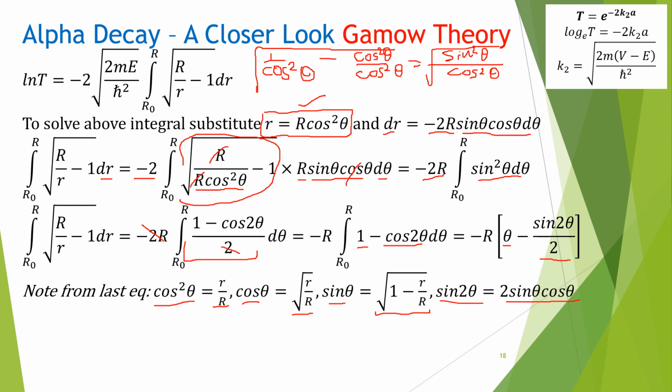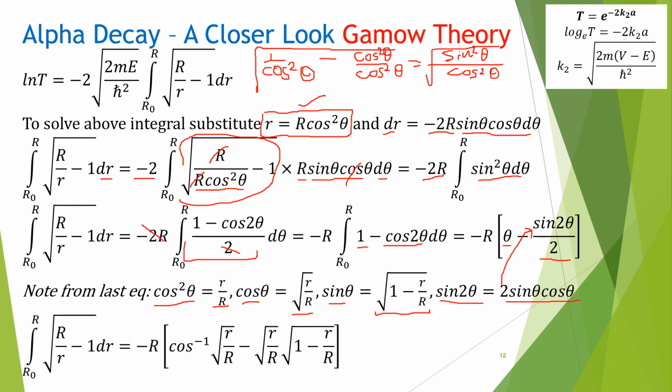So I want to plug in this value here, so 2 will be cancelled in the next line, and we'll be left with sin theta into cos theta. So cos theta is this, and sin theta is this. So we are left with minus r cos inverse of under root of r upon capital R.